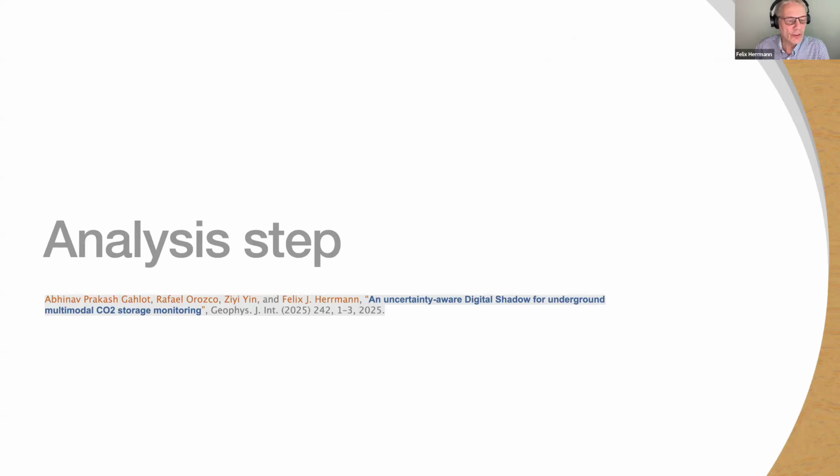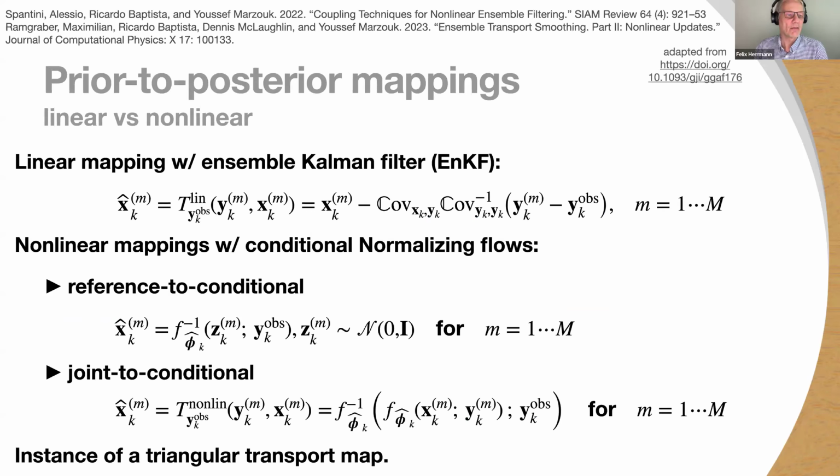Okay, so what do you do during analysis? You're doing this forecast to analysis step mapping, right? And this is called the prior to posterior mapping. That's also fundamental to an ensemble Kalman filter, right? Where the mth member of the ensemble at time k is linked to xk, that is the forecast, and the yk, right?